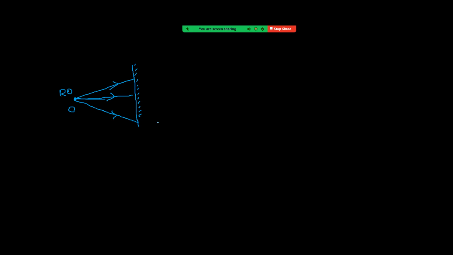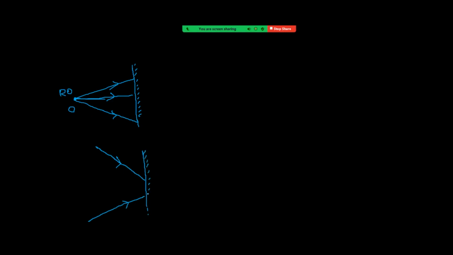For example, we are getting here a converging beam. This is now a light ray like this. This is a converging beam. A converging beam is falling on the mirror.